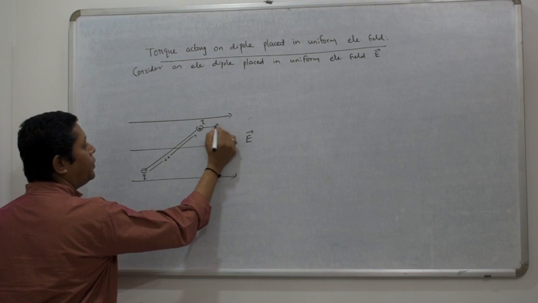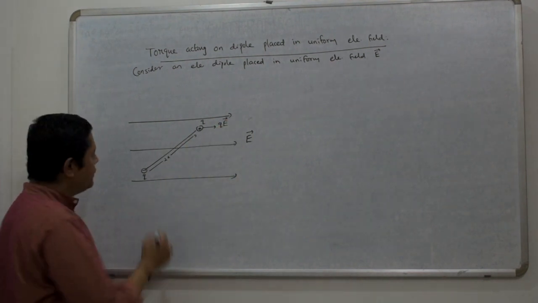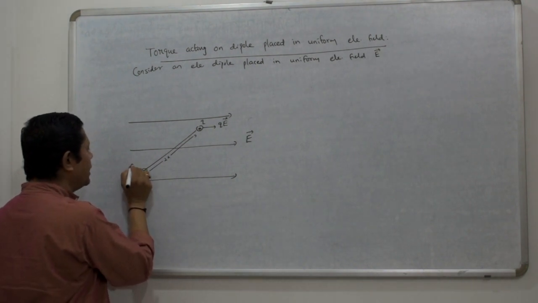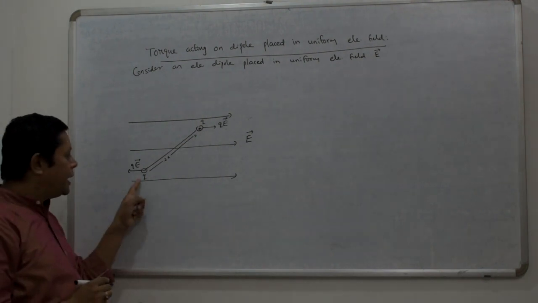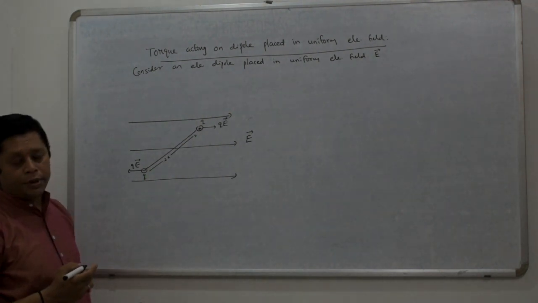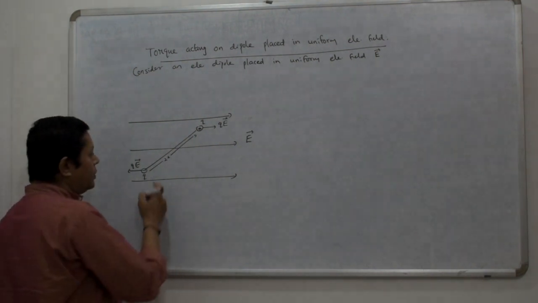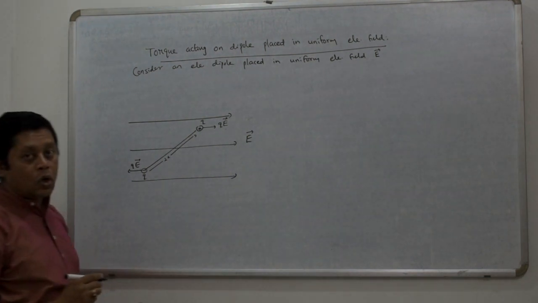The forces acting on this dipole: on the positive charge it is q into E, acting in the direction of the field. On the negative charge it is q into E acting in the opposite direction of the field, because it is a negative charge, so minus qE. Equal forces are acting in opposite directions, but these forces are not on the same line.